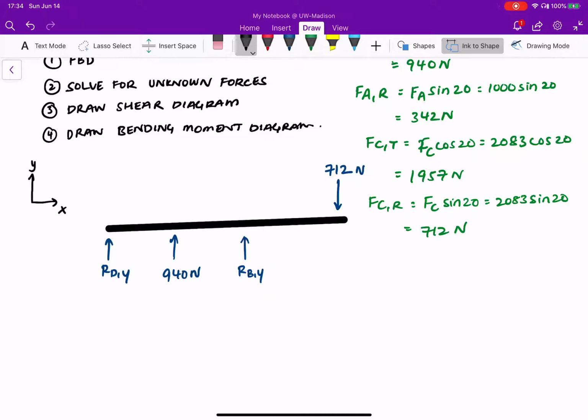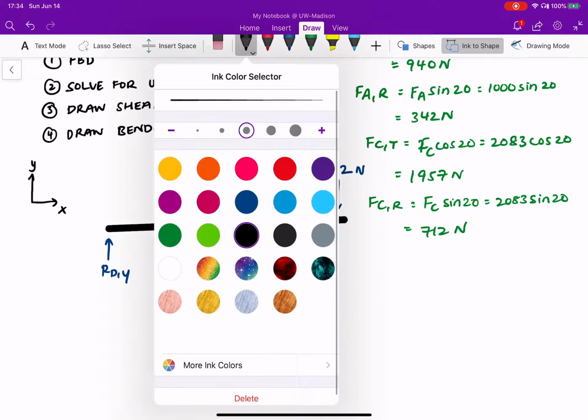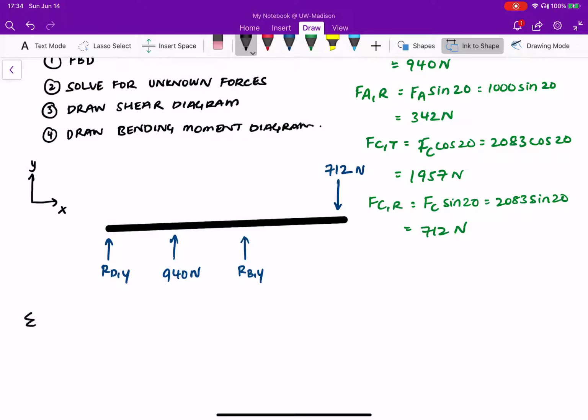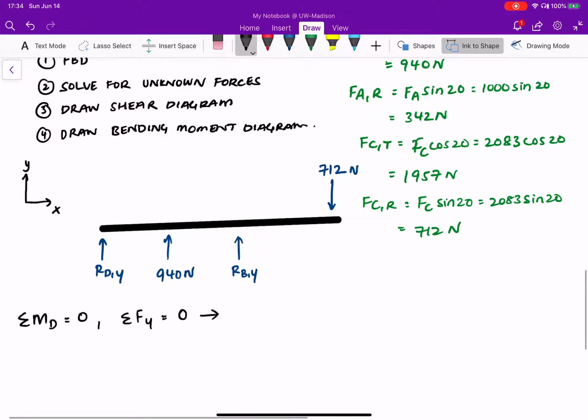Now, if we take the sum of the moments about D equal to 0, and sum of the forces in the Y equal to 0, I think this is something you can solve for, right? Just pivot it about D, and then clockwise and counterclockwise, put them on either side of the equal to sign, solve for RBY, and then sum of the forces in the Y, those pointing upwards minus those pointing downwards, equal to 0.